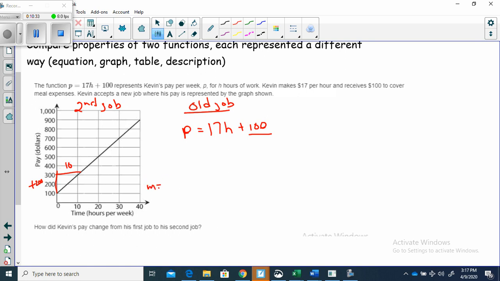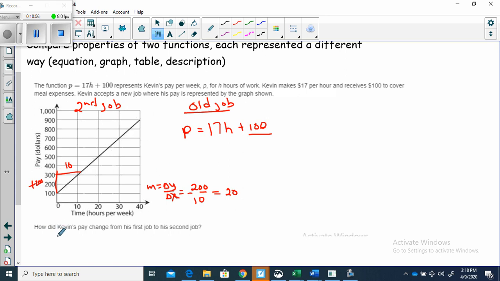Our m is always our change in y over our change in x, our rise over our run. In this case, the rise is 200 over the run, which is 10. 200 divided by 10 is 20. So now he's making $20 an hour, where before he was making 17.